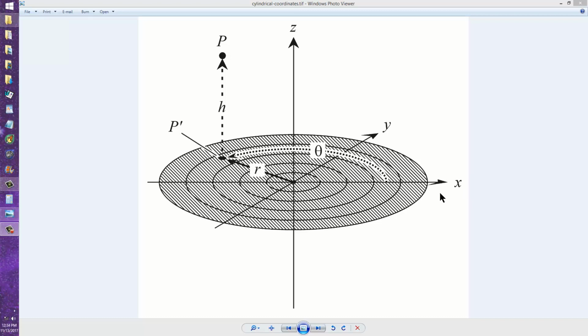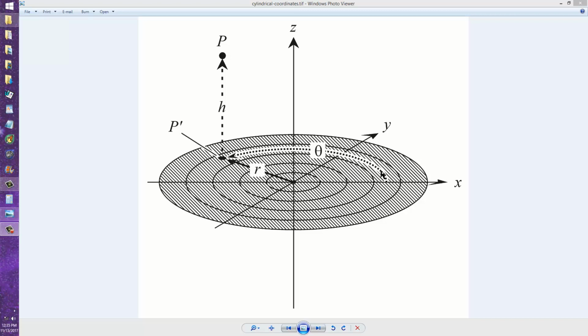Now for cylindrical coordinates, you define the position of a point P, as in papa, according to somewhat different parameters than the x, y, and z coordinates themselves. You start at the x-axis and you determine an angle theta going counterclockwise from that axis at a radius r from the origin.